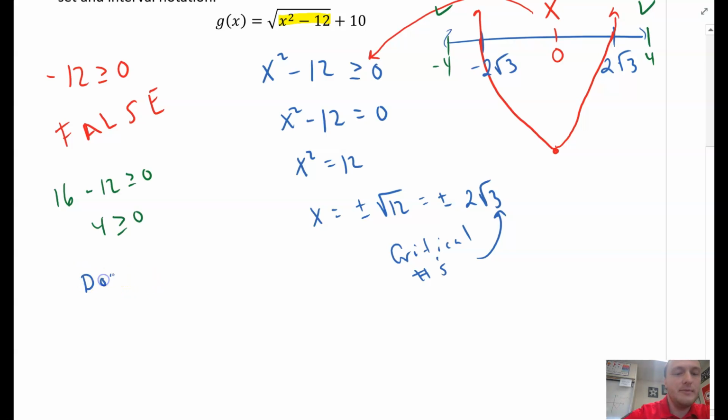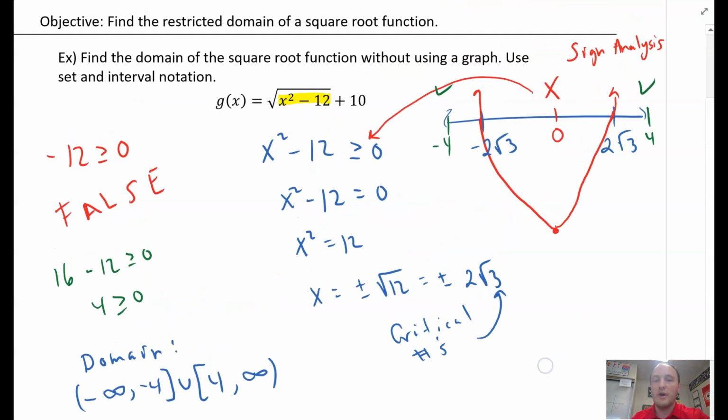Okay, so domain is, okay, negative infinity to negative 4. Okay, I'm going to include negative 4, union, and then I also want to go from 4 to positive infinity. And if you're like, Schwarberg, where are you getting this? Okay, I'm getting this from, trying to erase right here.